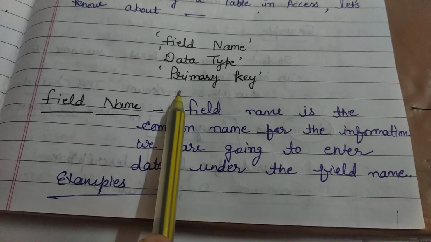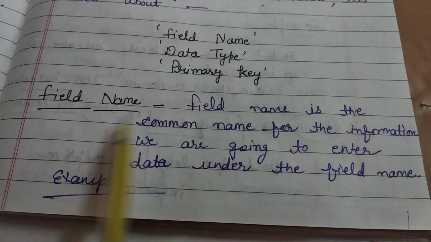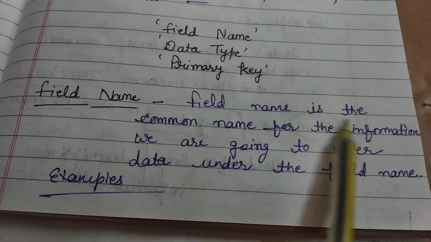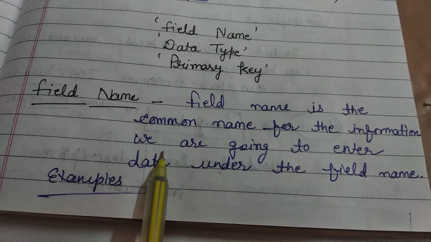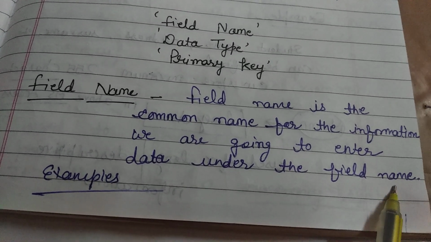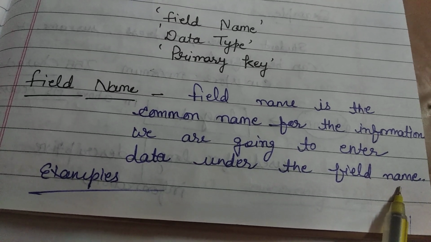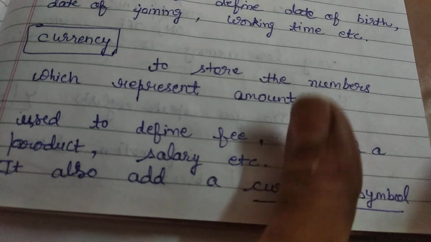We will take an example, but before that, let us learn about these three topics. Field name is the common name for the information under which we are going to enter data. Okay, we will enter the data in the field name. Let us see an example.